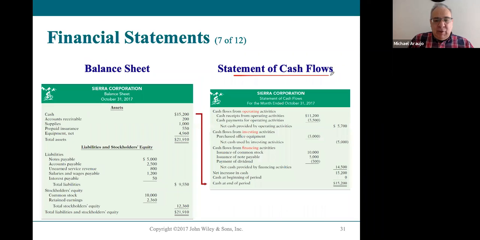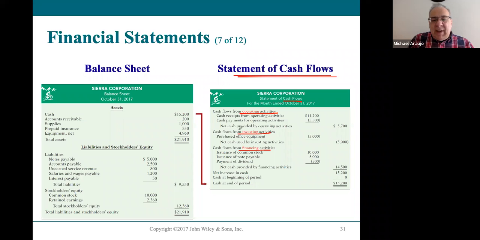Lastly, they do give you an example of a cash flow statement, and I will briefly review it with you. Again, it simply looks at cash flowing in and out of the company. And here's where you have some familiar terms: financing activities, investing activities, operating activities are all listed on the cash flow statement.